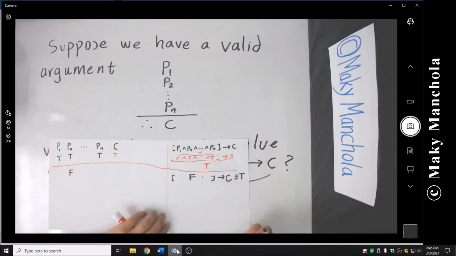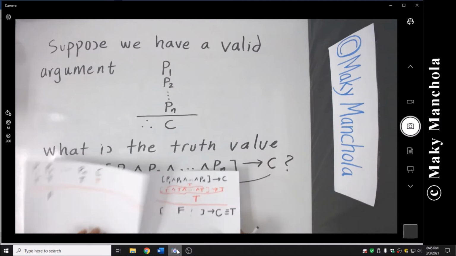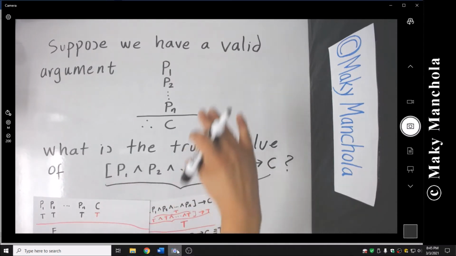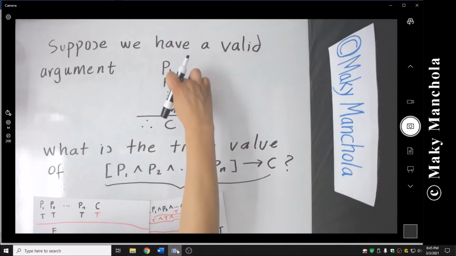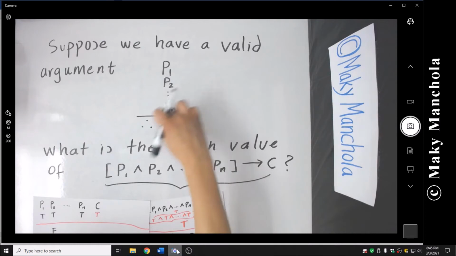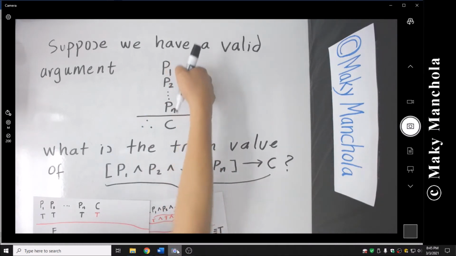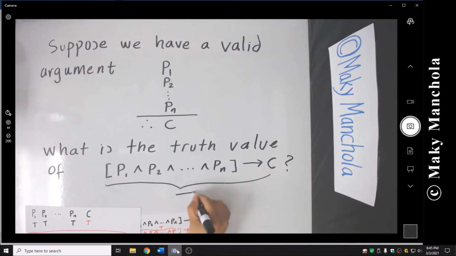So what's the answer to my original question? My original question is asking, we have a valid argument form, premise 1, premise 2, all the way to premise n, therefore conclusion. What is the truth value of the conjunction of those premises implies the conclusion? We have to say true.